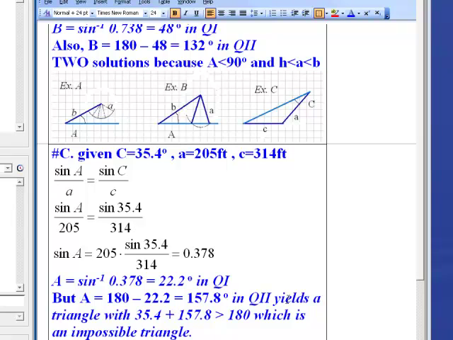Thus, only A equals 22.2 degrees is a solution, and that's the last thing here.